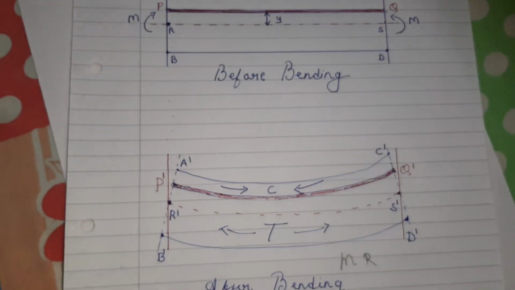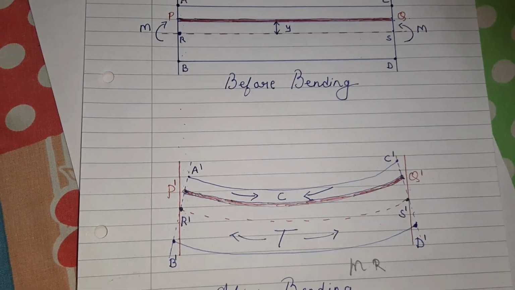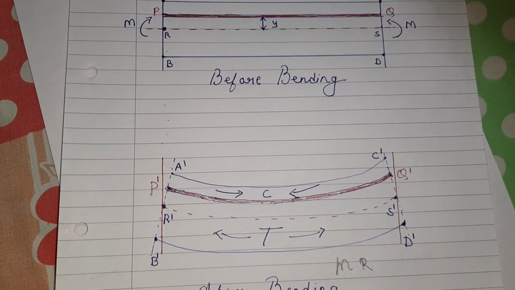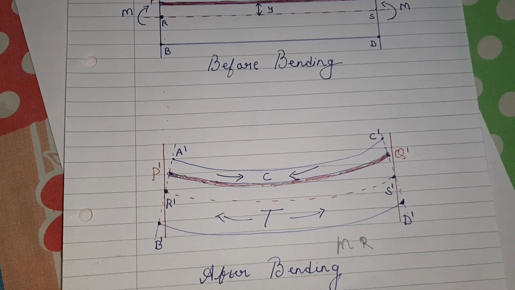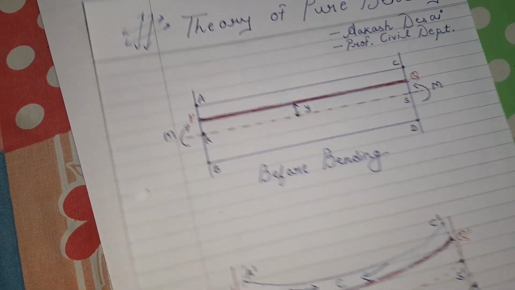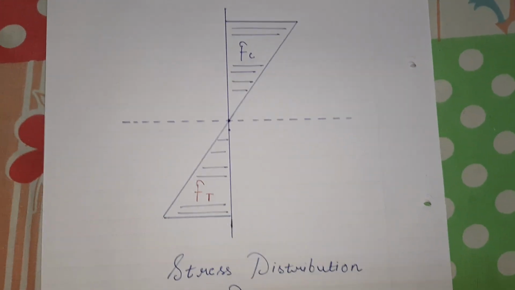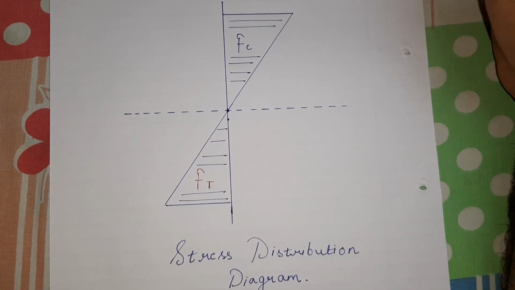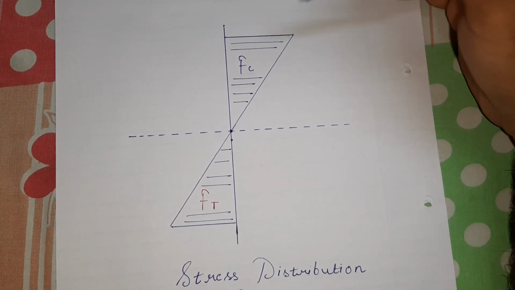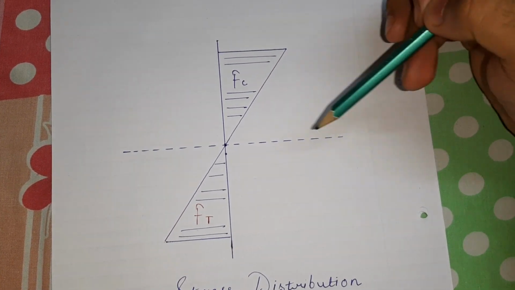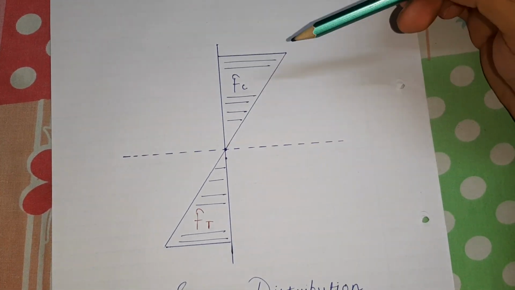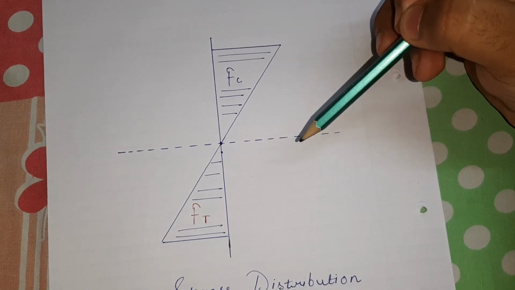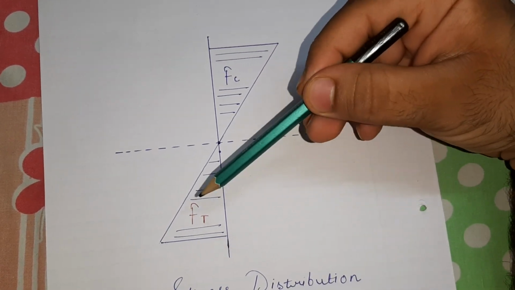Now you might have seen what stress distribution diagrams are, right? Stress distribution diagrams are drawn for a beam which has gone under bending. If you see, this is a normal stress distribution diagram where we have shown the neutral axis, and the portion above the neutral axis has gone under compression, and the portion below the neutral axis has gone under tension.